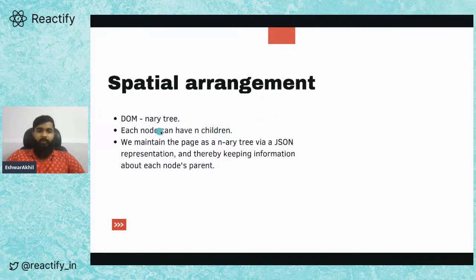So if we have an N-ary tree kind of JSON structure, this can be translated into a DOM kind of model, and all the spatial arrangement, like whether they have to be rendered side by side or whether one has to be stacked on top of another, all these can be the metadata in the JSON representation that we have.